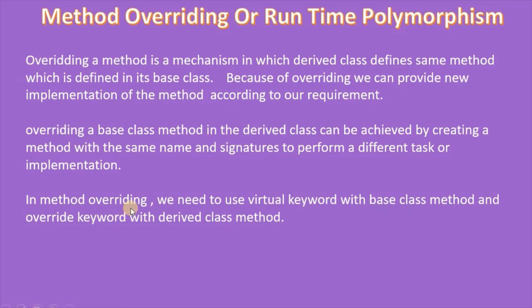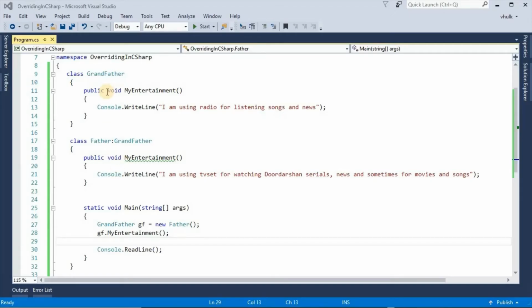In method overriding, we need to use the virtual keyword with the base class method and the override keyword with the derived class method. So to achieve method overriding, we have to use the virtual keyword, and here we have to use the override keyword.